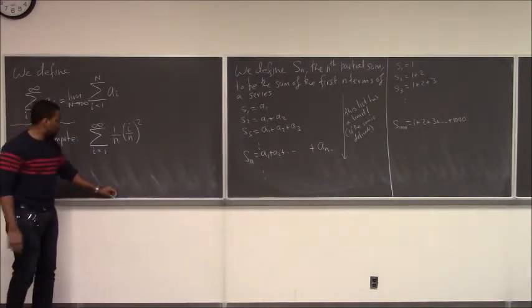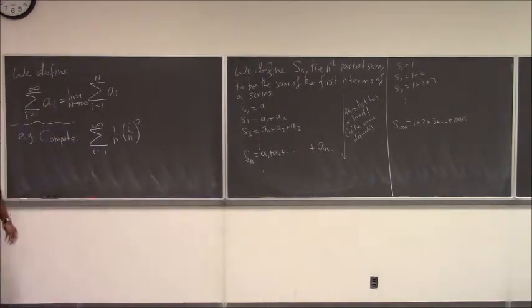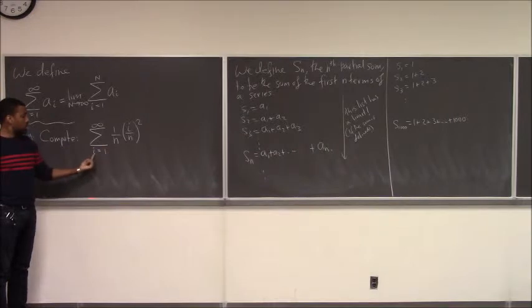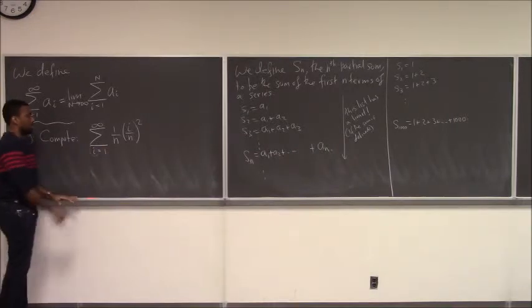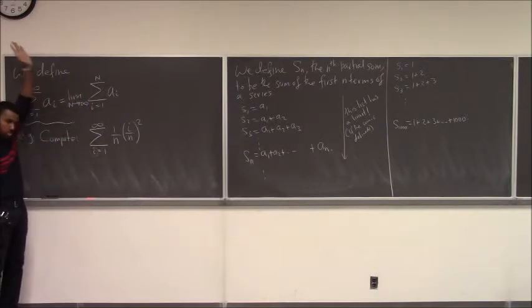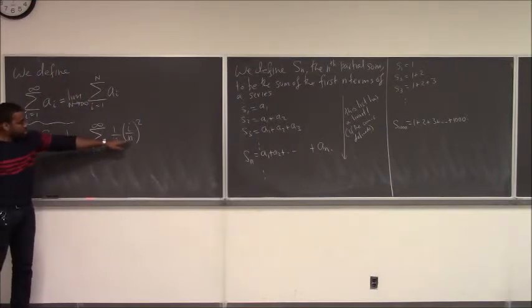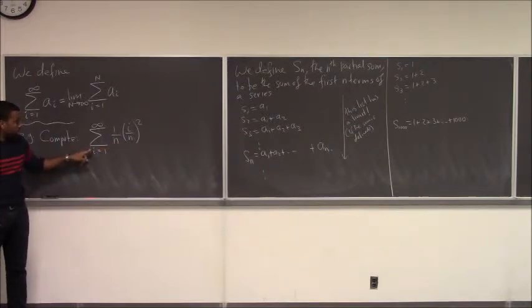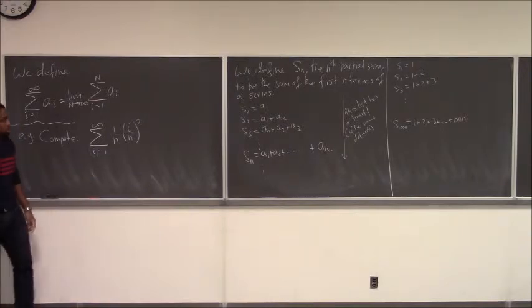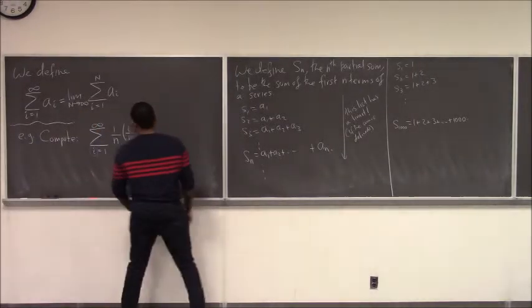Okay, now let's make sure we understand what this means. We know how to read this. Remember, the variable in our summation is indicated by the index. It's telling you i is going from 1, 2, then 3, then 4, then 5, and you keep going. i is going from 1 to infinity. Okay? The n itself is not being moved. As far as this summation is concerned, the n is a constant. So essentially we're just moving the i.